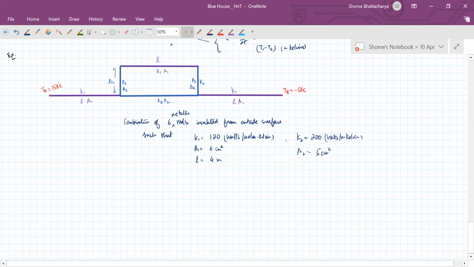Okay. So now we want to find the net rate of heat conduction, delta Q by delta T, across the points A and B at steady state.